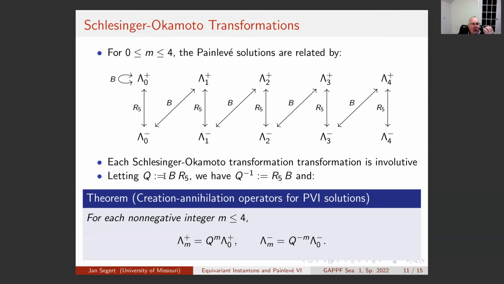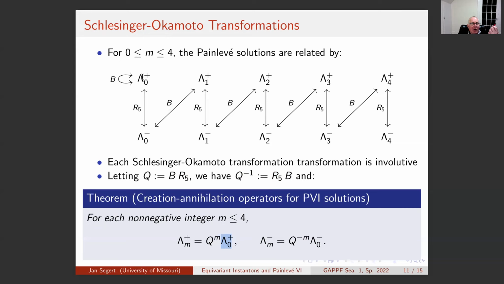And so if you define Q to be this composition, then its inverse is this. Why is that? Because both of these are involutions. Okay. And then the theorem is that you get something, these look like creation and annihilation operators. So if you look at Hitchin's solution plus, and if you look at what Q does to that, you first go with R5, then with B.